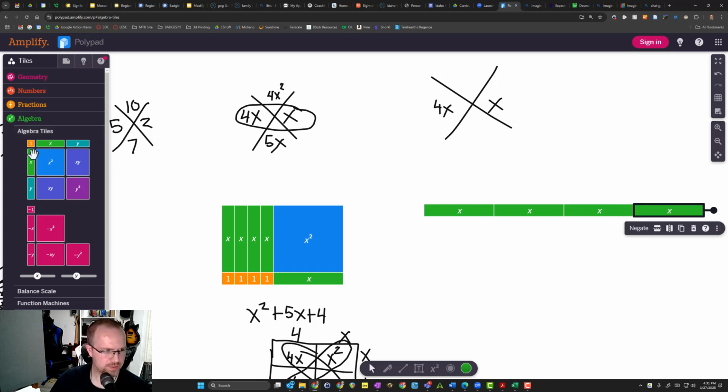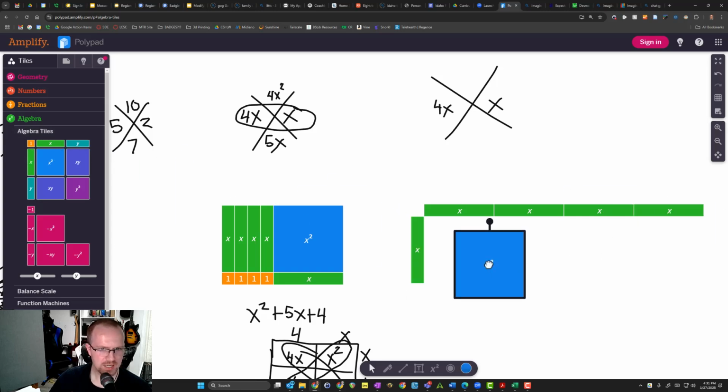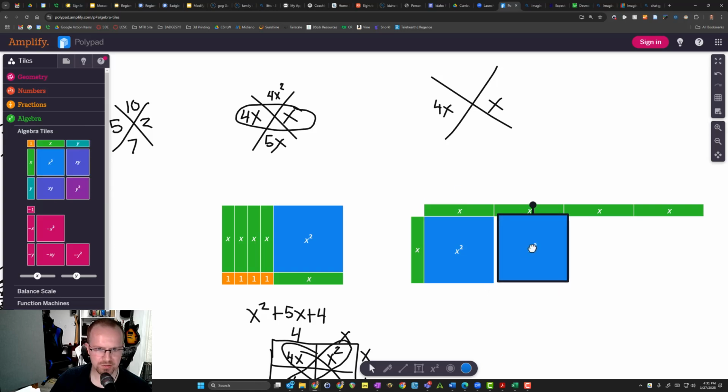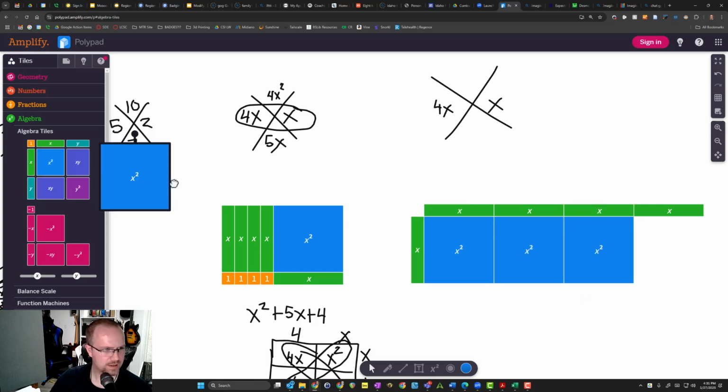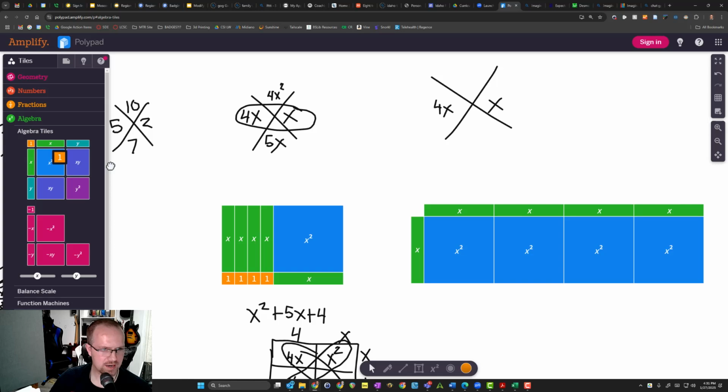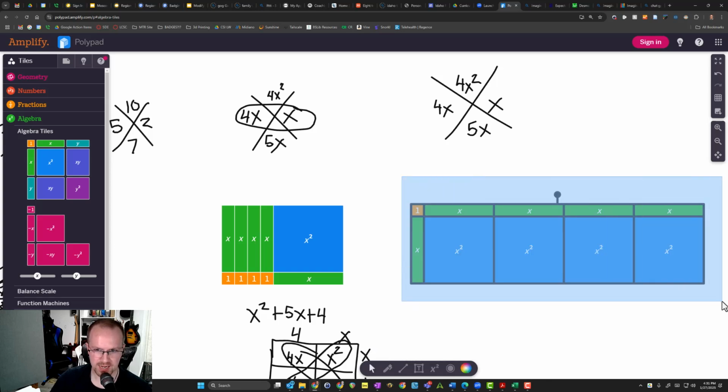They're still grouped, but they're just in a different orientation. And now I have a completely different setup here. This now is 4x squared plus 5x plus 1, and we still get the same result up here. We still have our 5x, and we still have our 4x squared, and it's actually modeled with the tiles here.